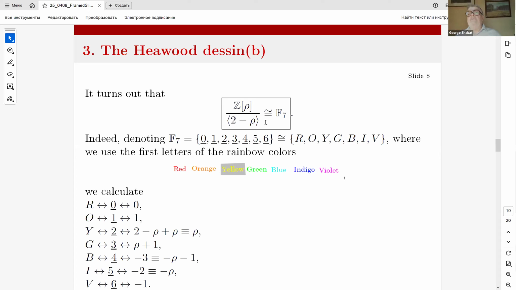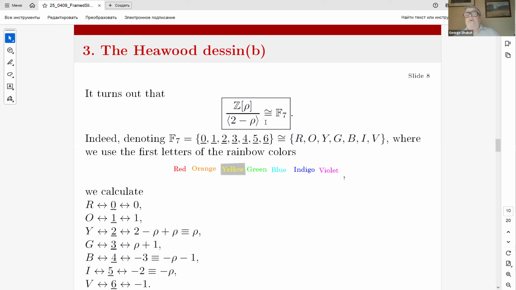It turns out to be the field of 7 elements, and this field is in the kernel of all the mathematics that we discuss and are going to discuss.